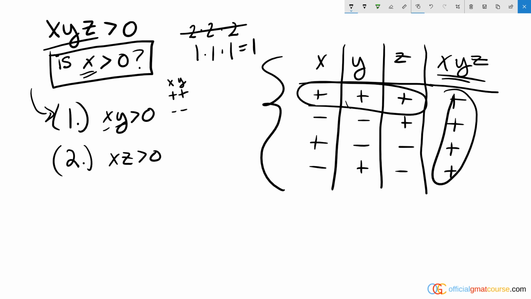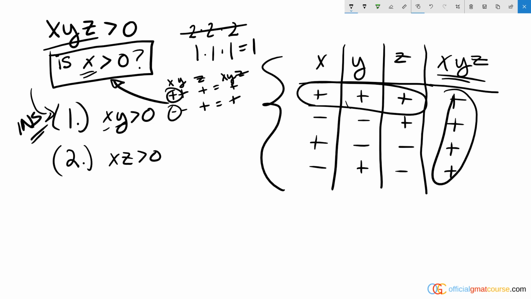And if it's positive, positive, then Z would be positive. And if it's negative, negative, then Z would also be positive in order to get an XYZ that was positive. So we know that this is possible with two different situations for X, either X being positive or negative. So it doesn't answer the question of is X positive. This is going to be insufficient.